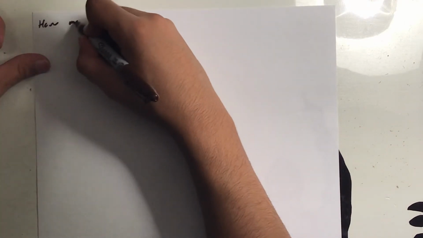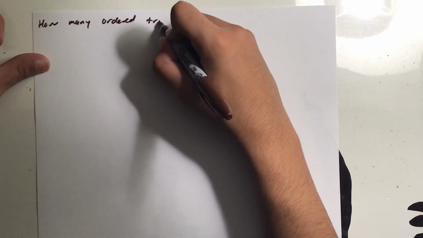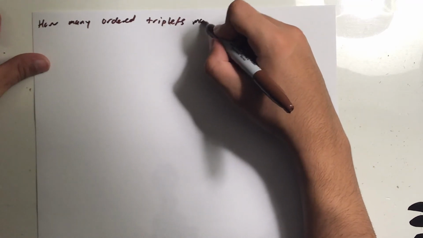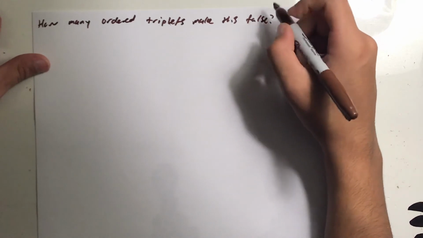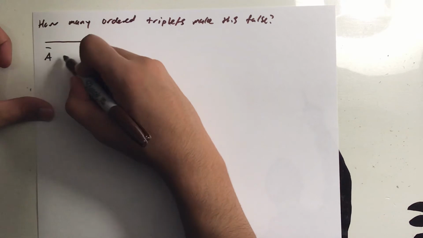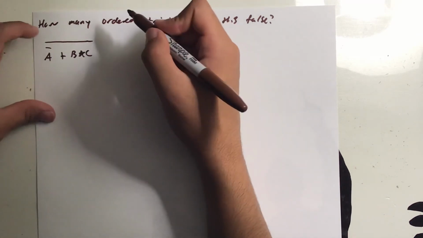How many ordered triplets make this false? They give you the expression, not (A plus B times C). So let's simplify it first.